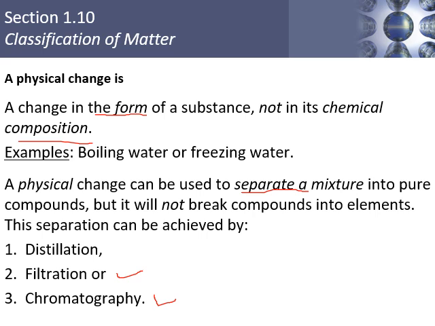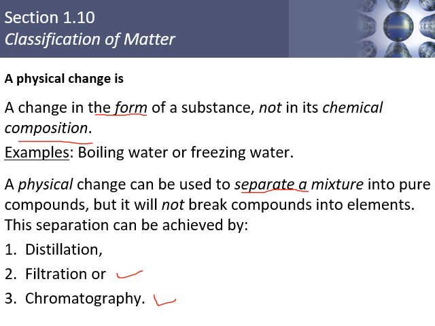So filtration just means you're filtering something out of a liquid, like particles. If you had water and you put some soil or sand in the water, then you can pour it through a filter paper, right? And the water will go through, but the sand and the soil won't. If it's soil, a little bit of it might go through, but not all of it.